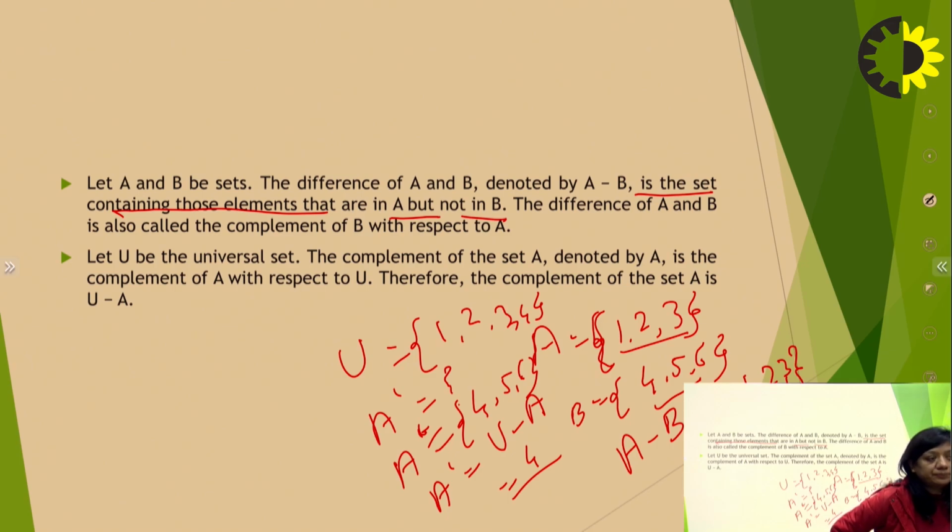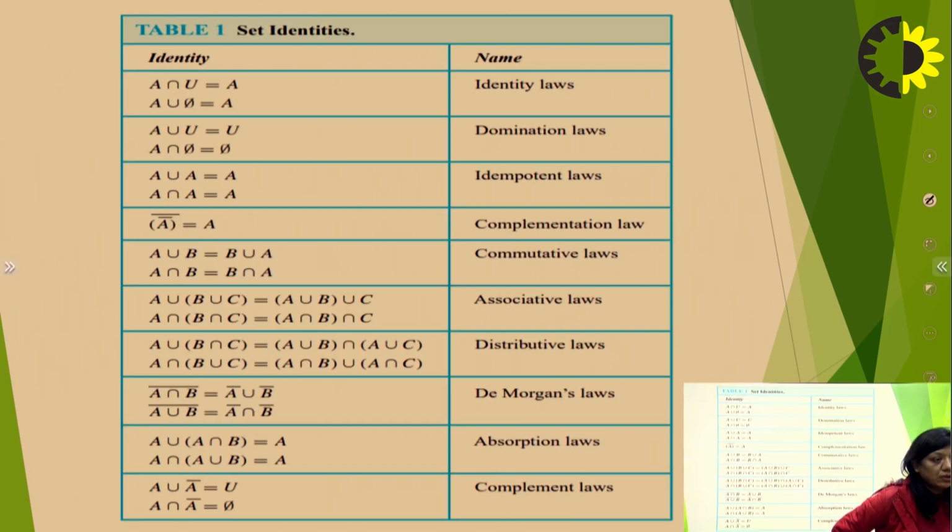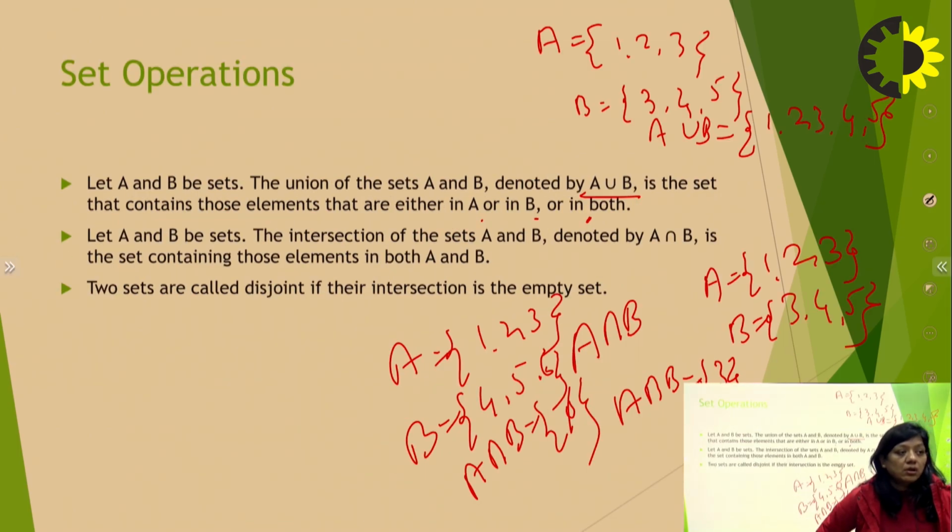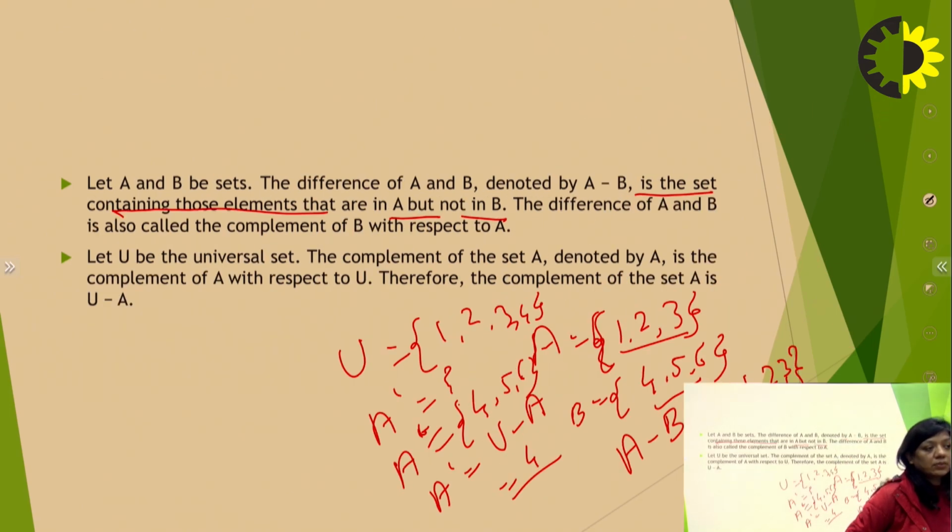Now we have studied the basic operations. First one is union, intersection, disjoint, difference, and complement with respect to the universal set.